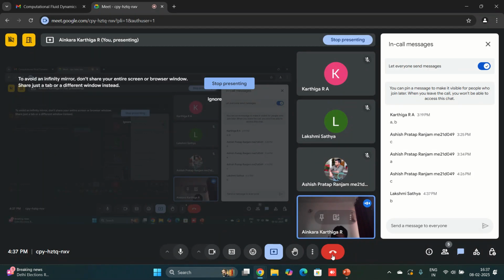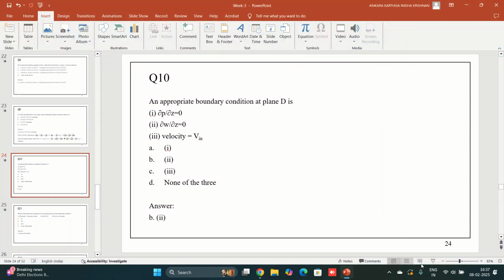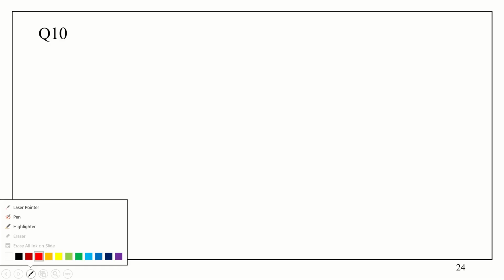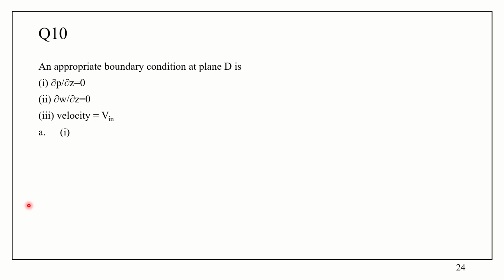Yes, option B is the right answer. Your answer is correct. Option A, dou P by dou Z equal to 0, is not correct because it means the pressure is constant.